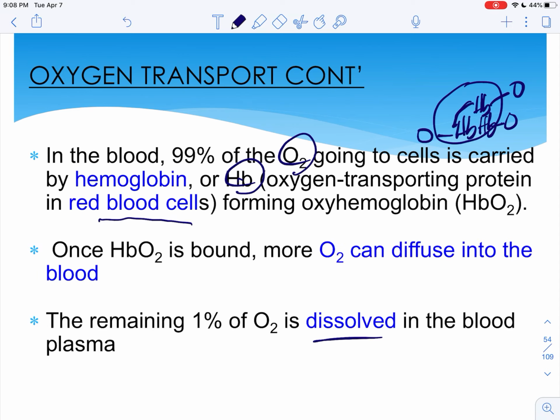I wanted to just point out here something about carbon monoxide, because hemoglobin is attaching to the oxygen, but because carbon monoxide is basically just the carbon attached to the oxygen on the other side, your red blood cells will have a high affinity for carbon monoxide as well. So it's a dangerous thing to be exposed to, because it also has a high affinity to attach to your red blood cells.